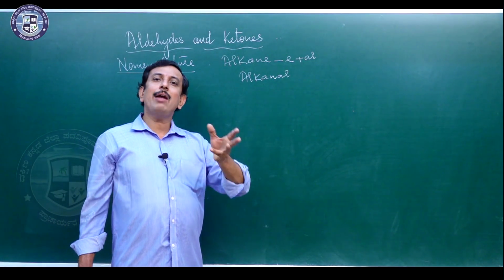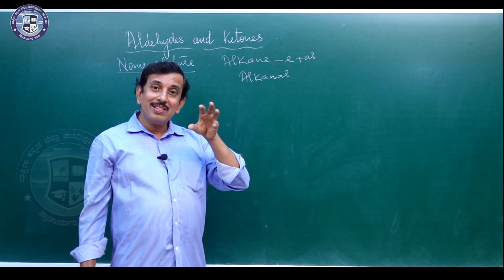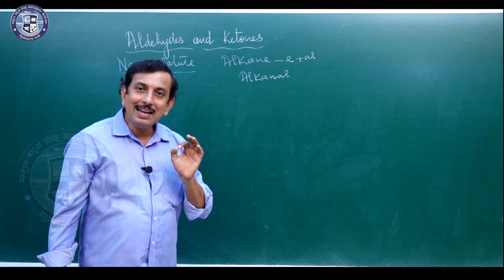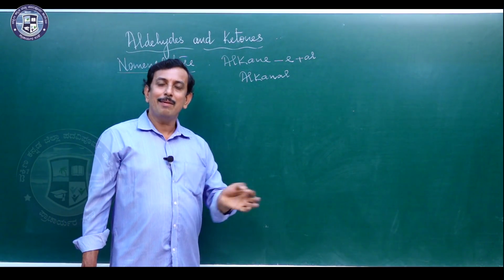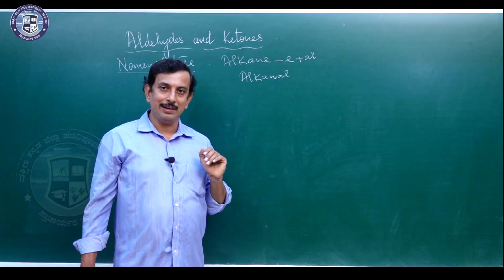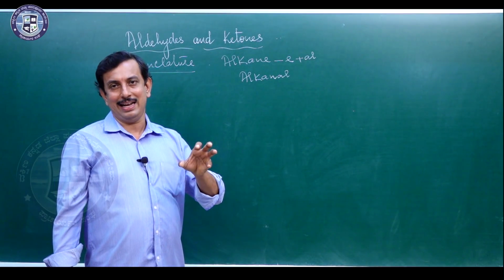And any other derivative of this benzaldehyde, we take it as a derivative. What is the name of the substituent attached to the benzene ring in benzaldehyde? That substituent is named with the prefix with the corresponding locant and then named as the derivative of benzaldehyde. This is a basic rule for naming an aldehyde.